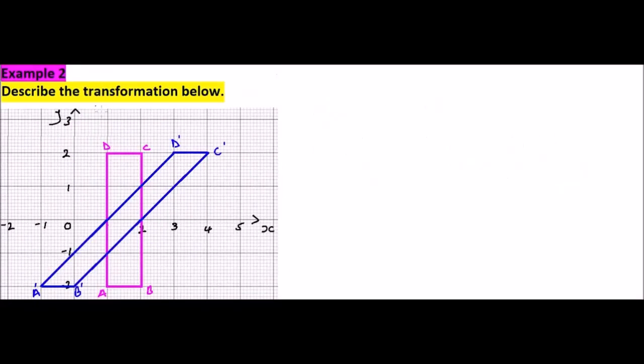In our second example, we are still to describe this transformation, and we have our object ABCD and our image A prime, B prime, C prime, and D prime. So this is a shear. To describe a shear transformation, we do it in just 2 steps.